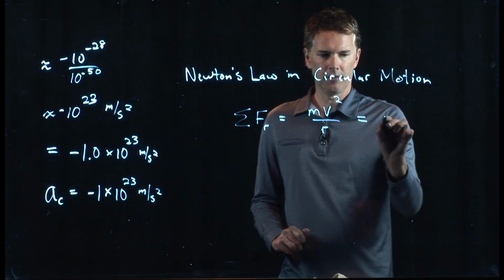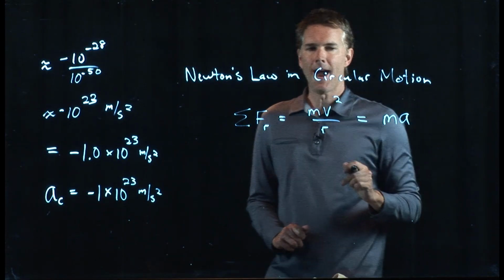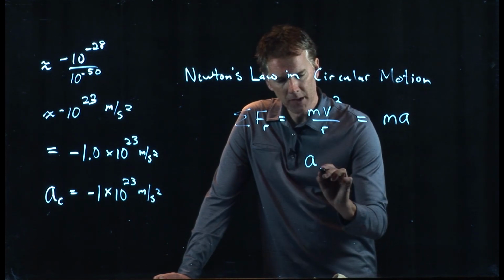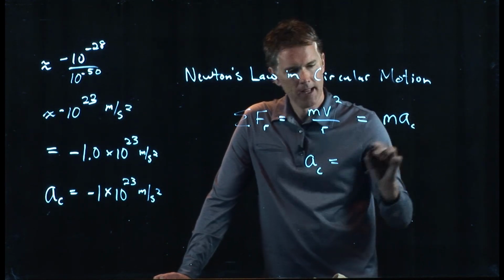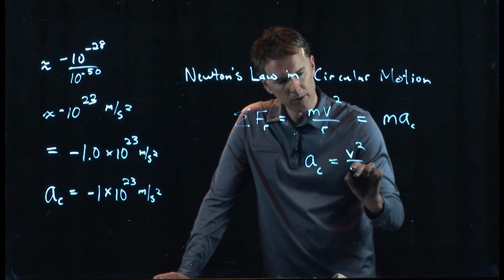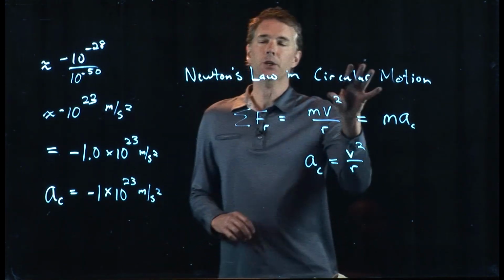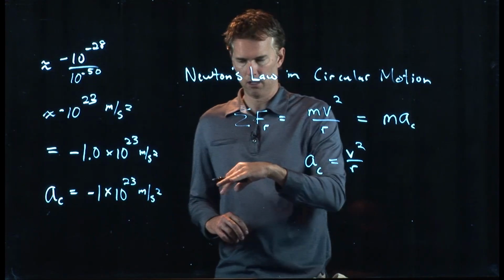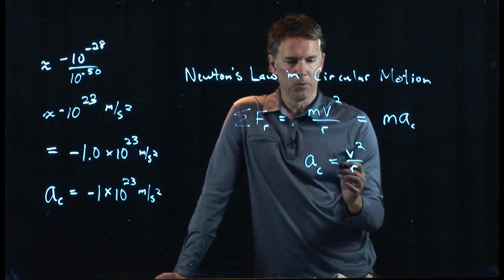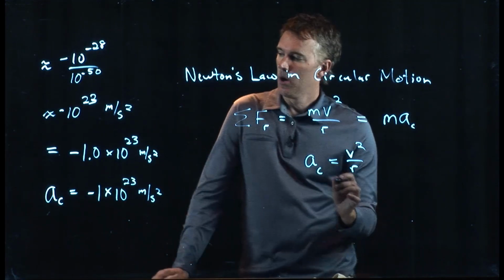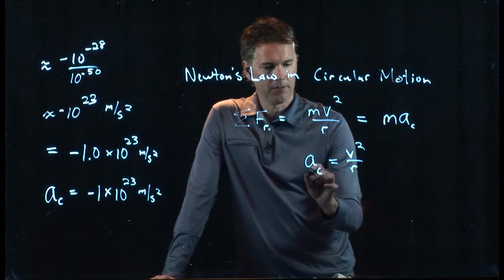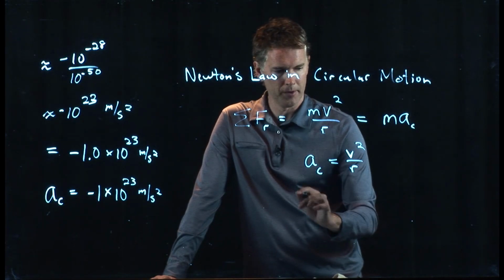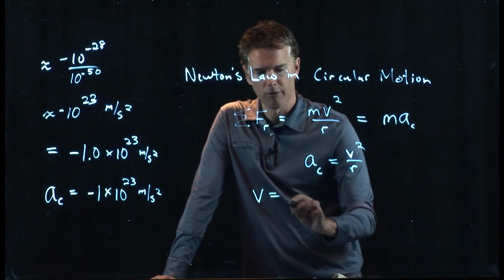And those forces have to equal the mass times the acceleration, and therefore the acceleration, specifically centripetal acceleration, is v squared over r. We're talking about uniform circular motion. We're not accelerating the electron tangentially or slowing it down. And so we just have centripetal acceleration. We now have a number for that. We're only worried about the magnitude, not the direction. So we put in a positive number here.